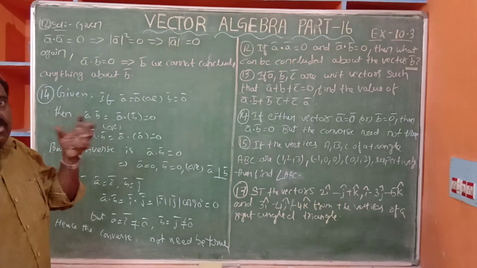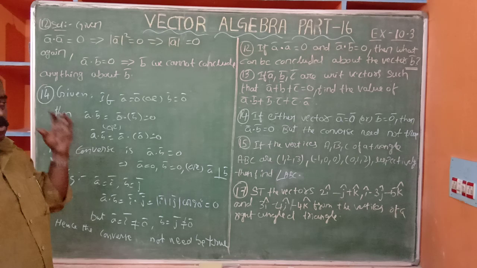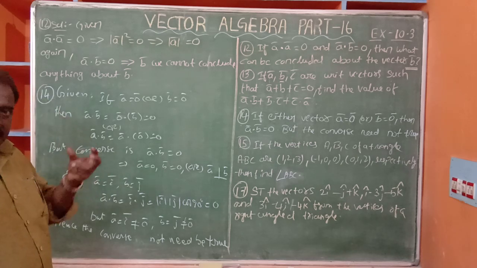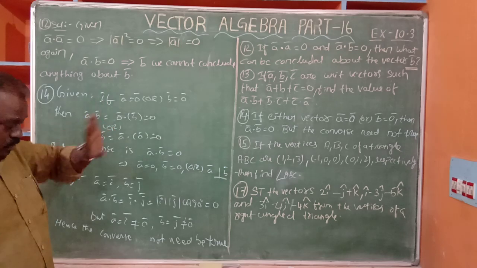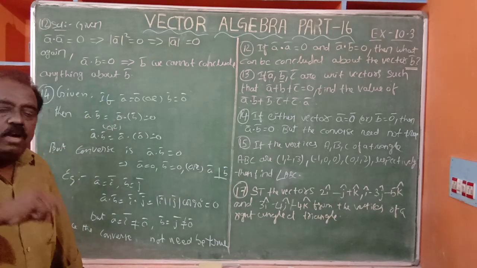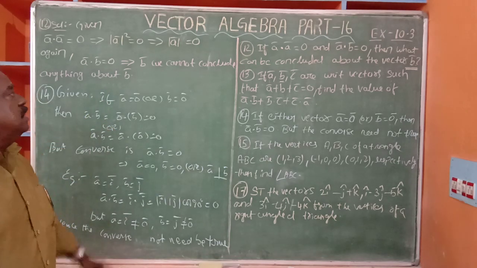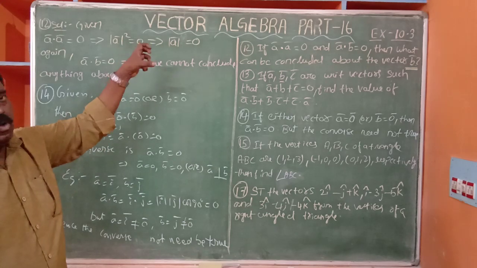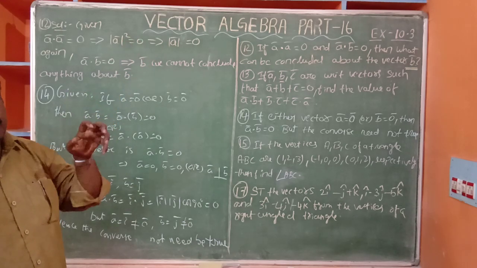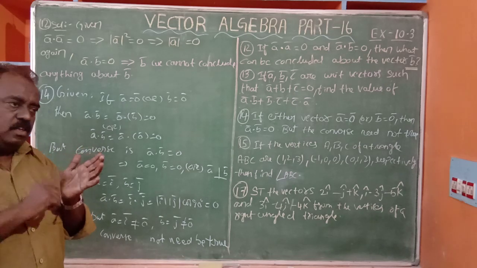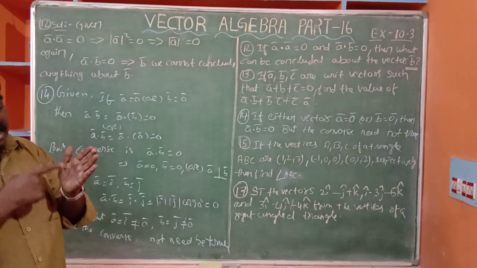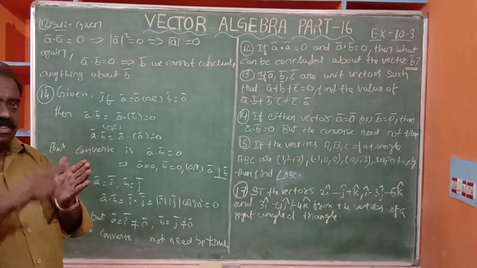If the length is 0, it is not the 0 vector, the length is 0. Here a bar is not the 0 vector. Try to understand: the modulus of a bar is 0. For a null vector, the displacement is zero.